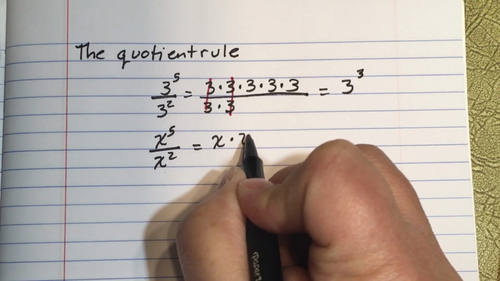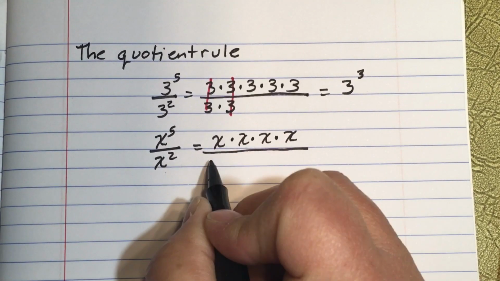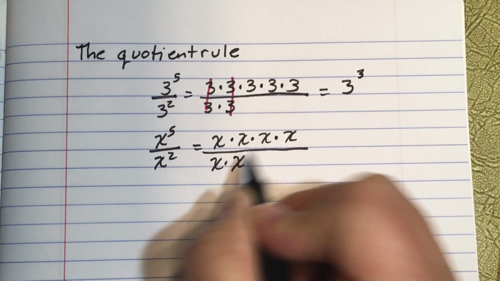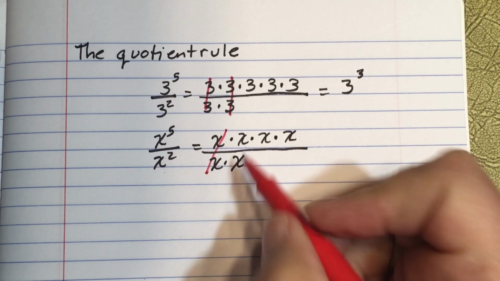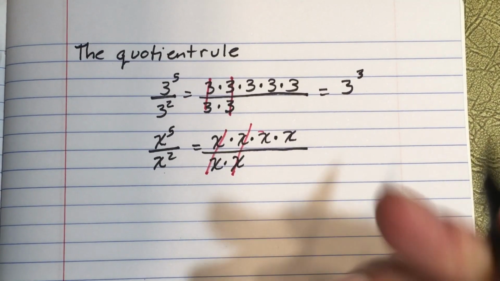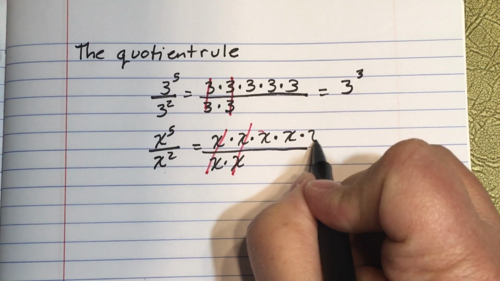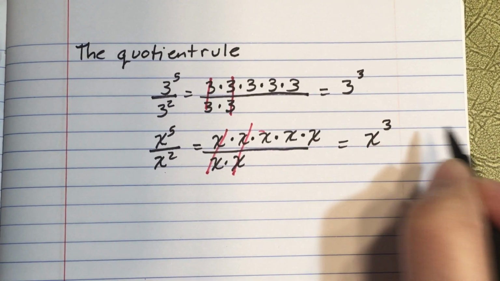X times x times x times x divided by x times x. And I could just divide x divided by x is 1. X divided by x is 1. Oh, I forgot one of my x's on top. Times x. And I would get x to the 3rd power.